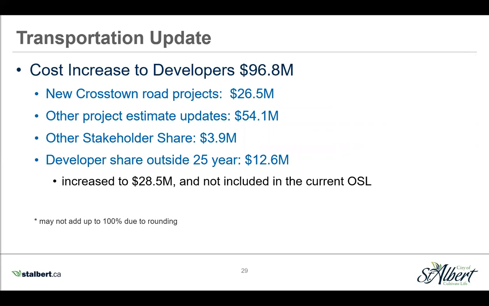This amount also includes increases in actual construction costs, and if a new debenture has been taken out, the cost of the debenture interest is now included in the total project cost. We saw almost $4 million from other stakeholder shares added. Those costs are from the Venice Road upgrades. And $12.6 million is an increase to the amount of project costs allocated to lands currently outside the 25-year development timeframe. These costs are not included in the current offsite levy project calculation.